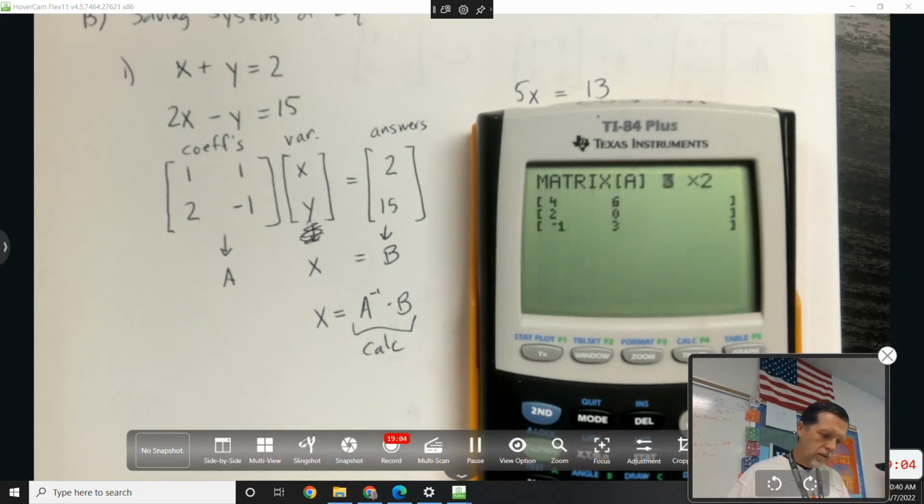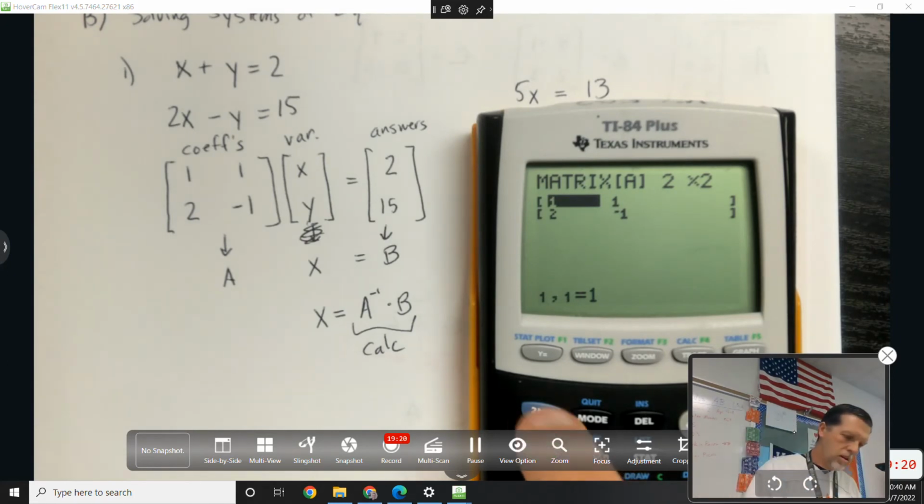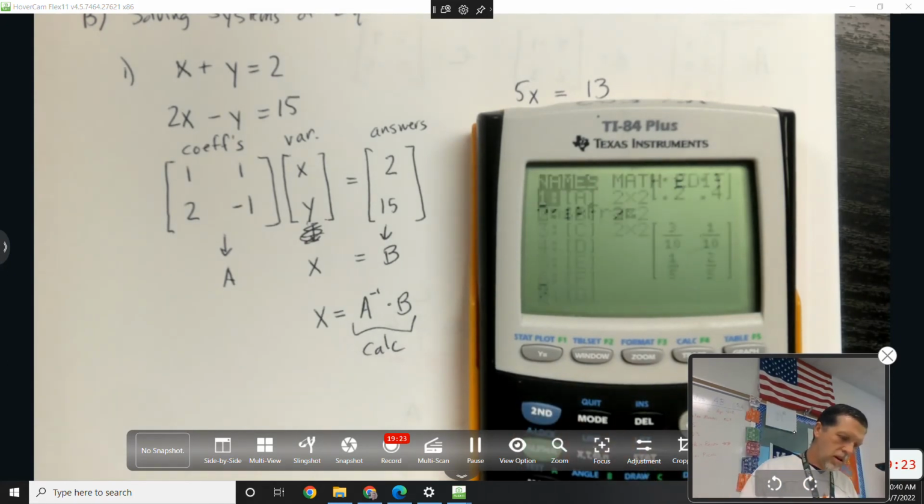So edit matrix A. When you go to edit and change it to 2 by 2, just change the values. And then go edit matrix B. 2 and 15.